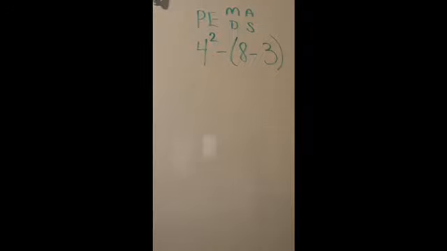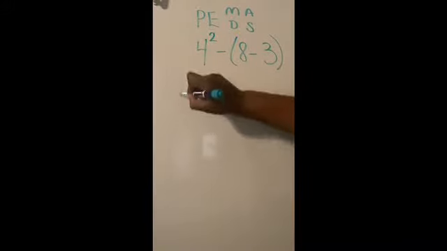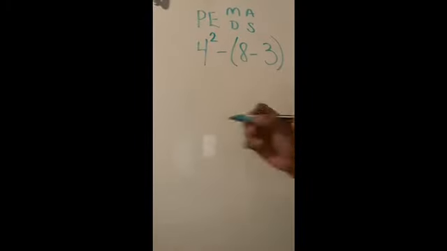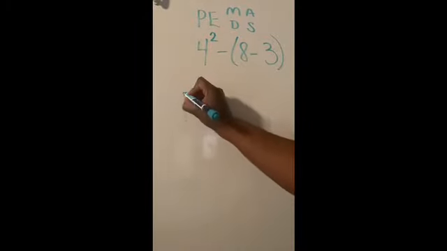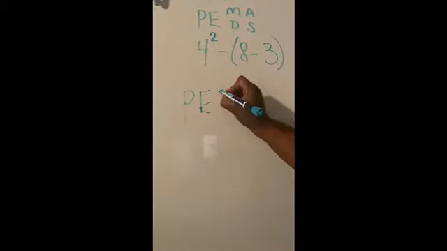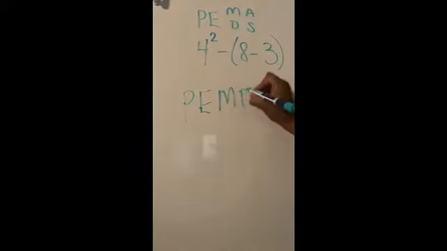Now, for old school like me, we used to see this. Oops. And there are different names for it. Sorry, the marker is trying to go out on me. Okay, so there are different names for it. Some people call it PEMDAS.